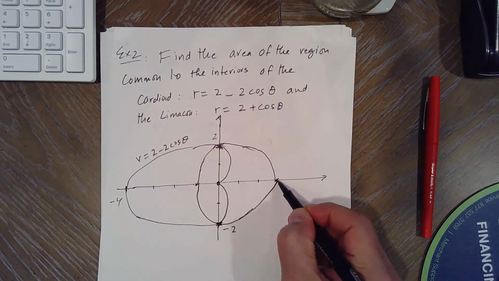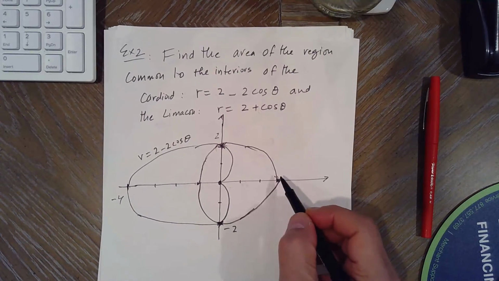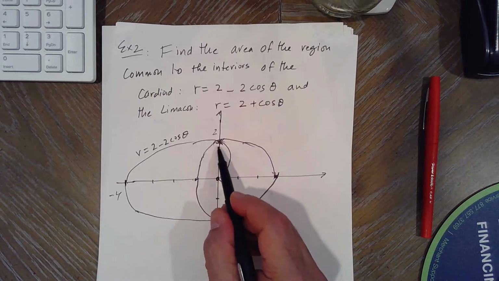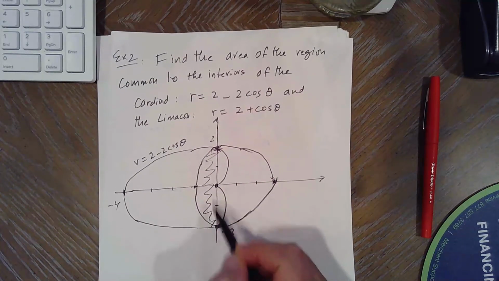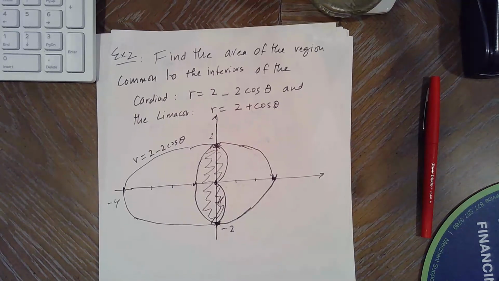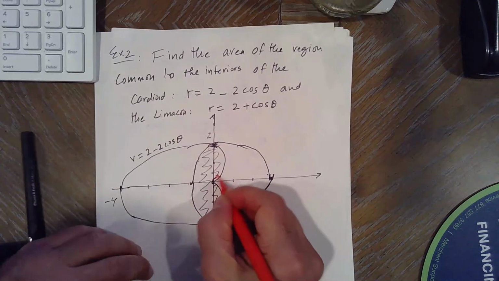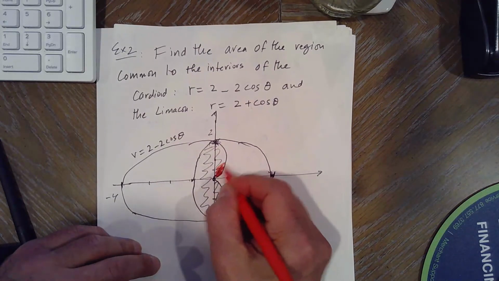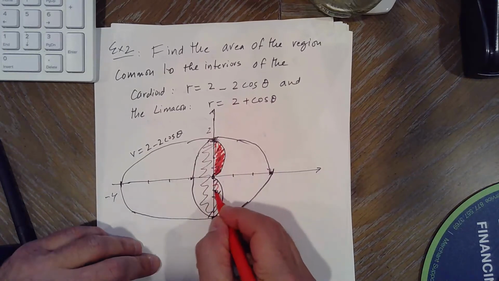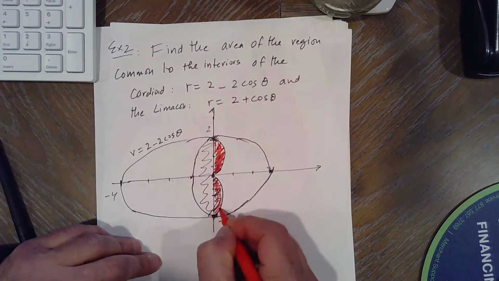So we want the area of the region common to the interiors of these two graphs. What I'm going to do is take this piece that I'm circling in red, which equals this, and times it by 2.